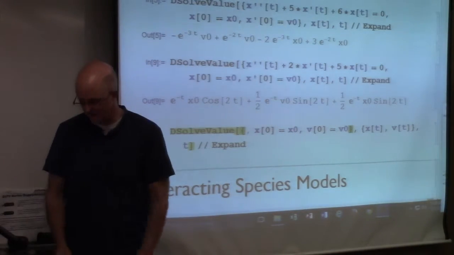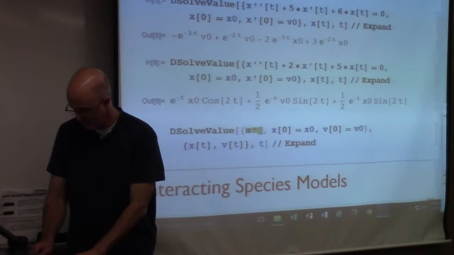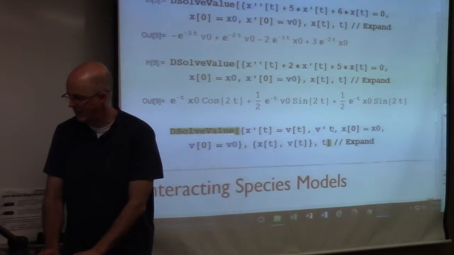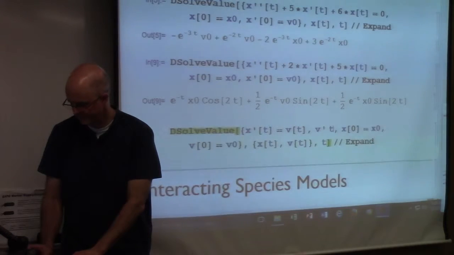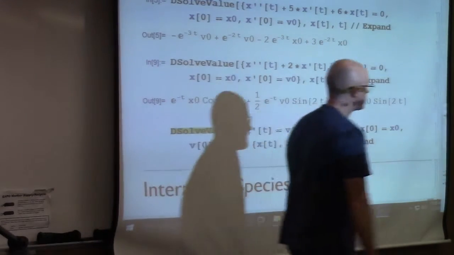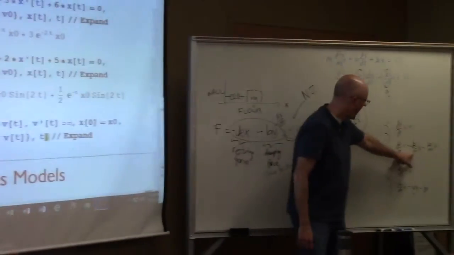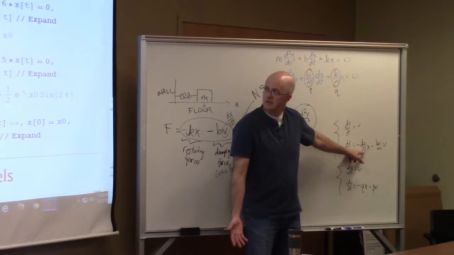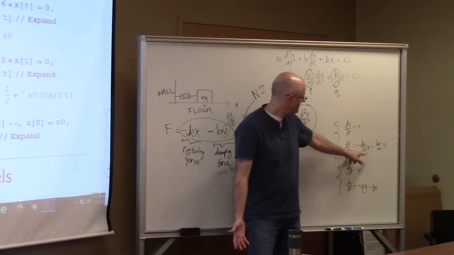x prime of t equals v of t. And v prime of t equals what? It equals that. I'm taking m to be 1, b to be 2, and k to be 5.